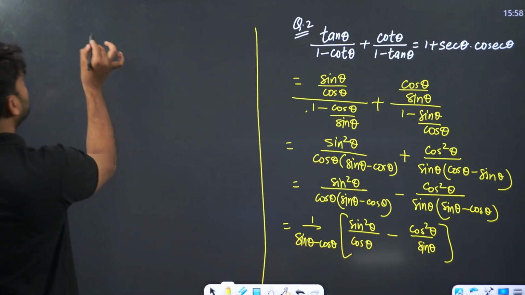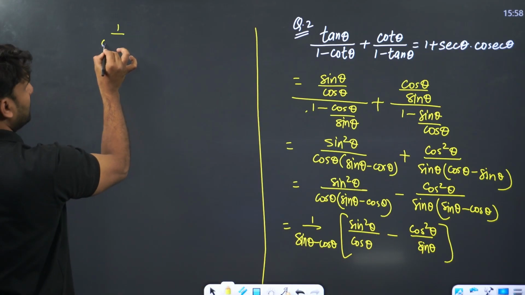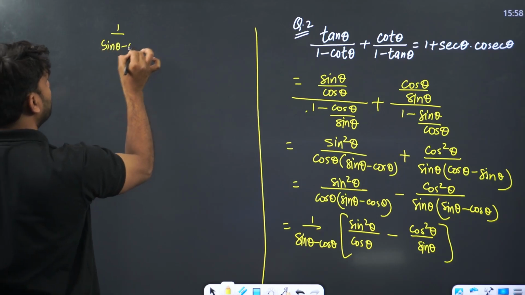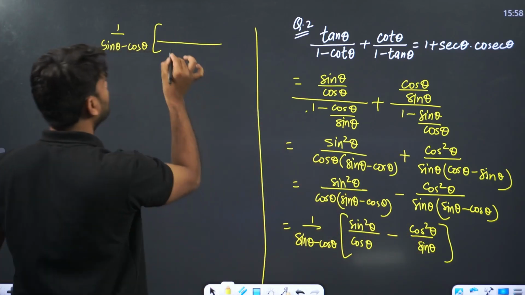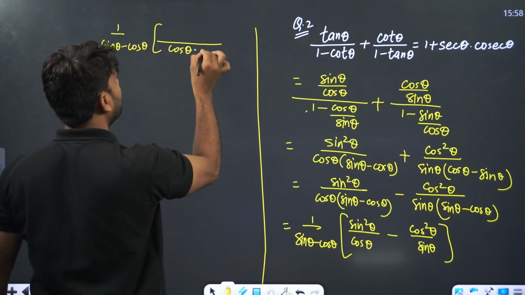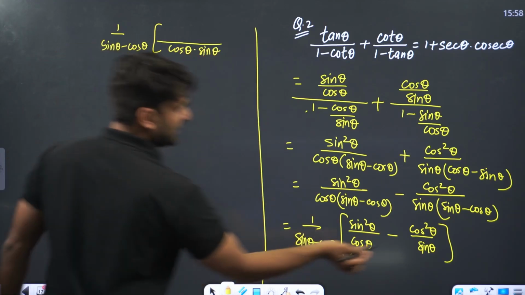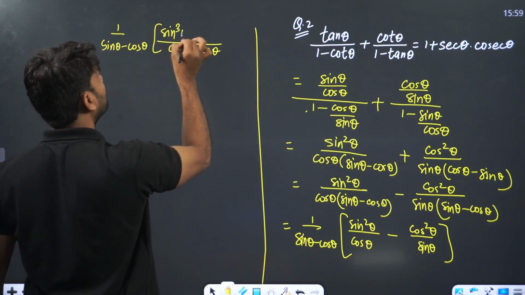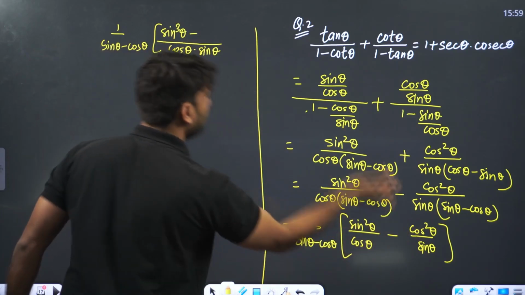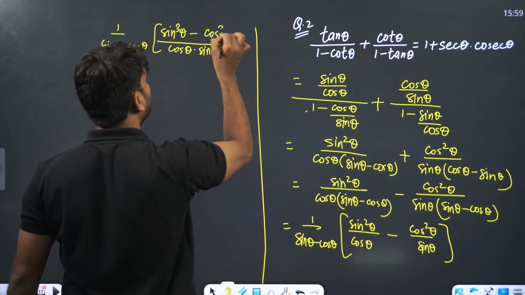On taking LCM, cos into sin, so this will be cos theta into sin theta, and this sin will multiply here. So sin square theta into sin theta, sin cube theta, and cos into cos square theta will be cos cube theta.